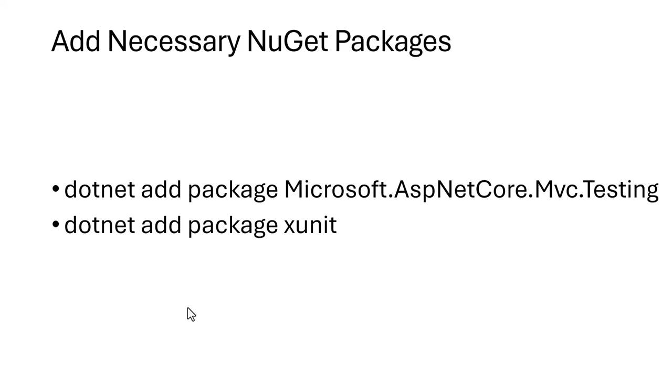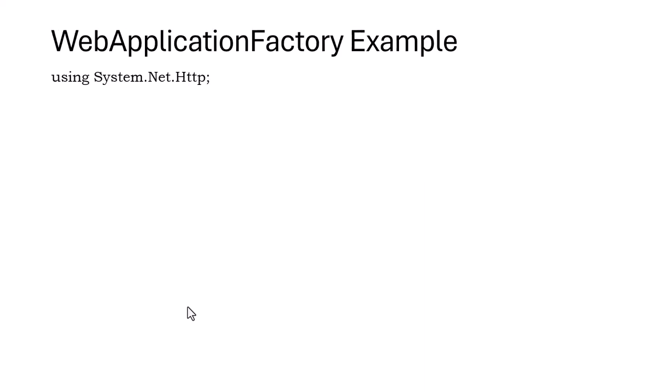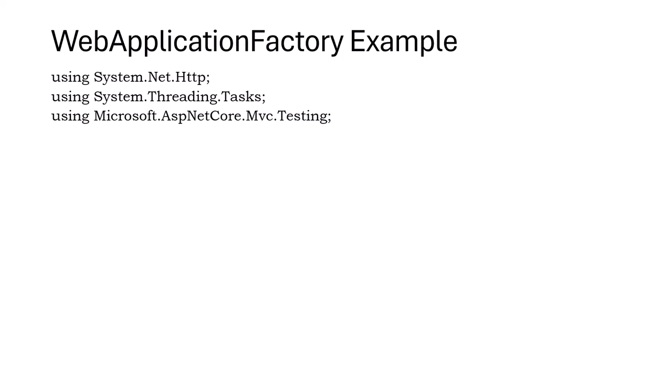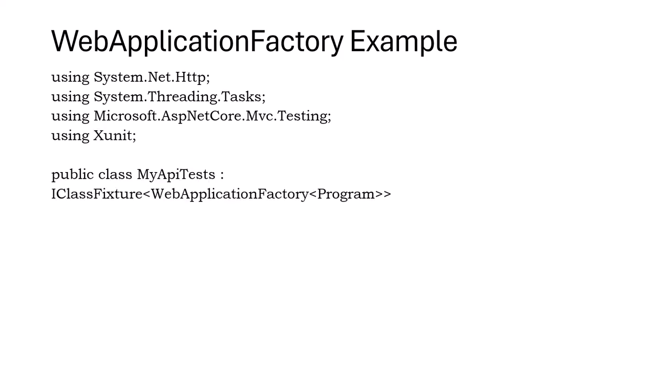So here we have the Web Application Factory example. You are already familiar with most of this code. For this lecture, I created another demo project which I have run through initially. I will create public class myAPI_test, which derives from IClassFixture.